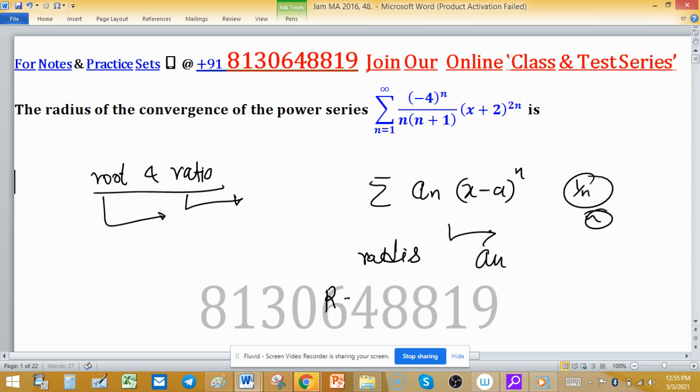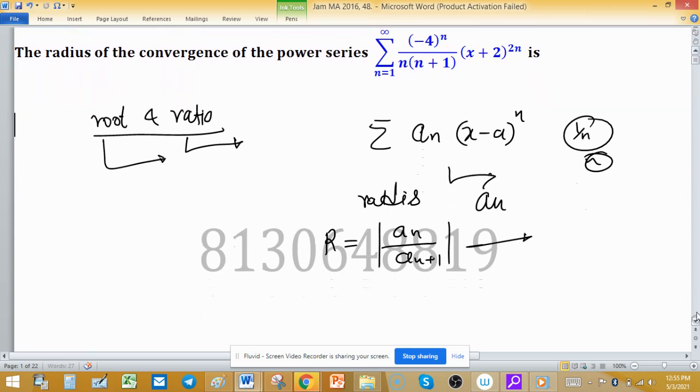The radius of convergence will be the limit of |a_n upon a_(n+1)|. We take the modulus because terms of the series may be positive or negative, and the radius is always positive. This gives you the radius of convergence of a power series around a point a directly.